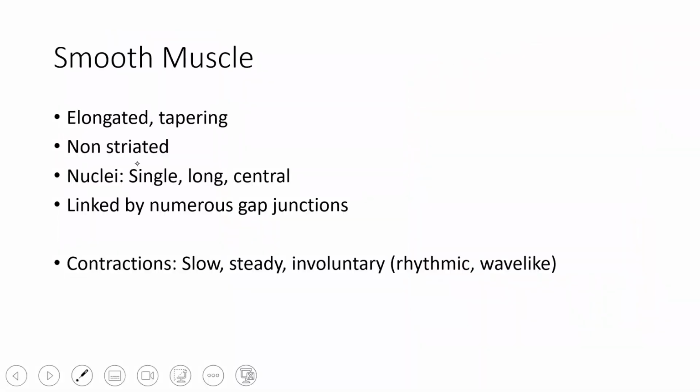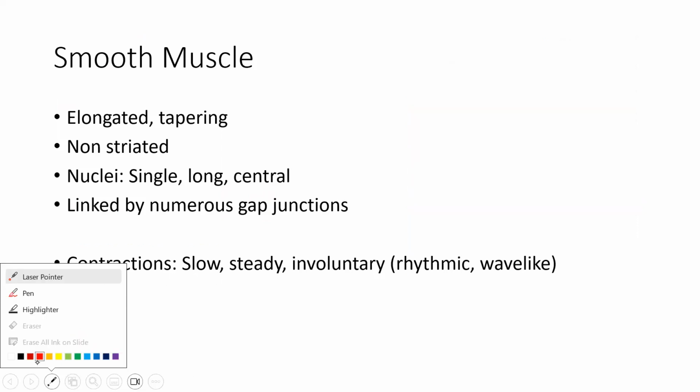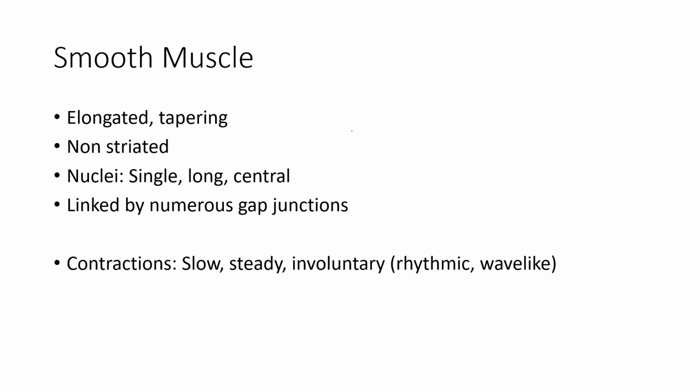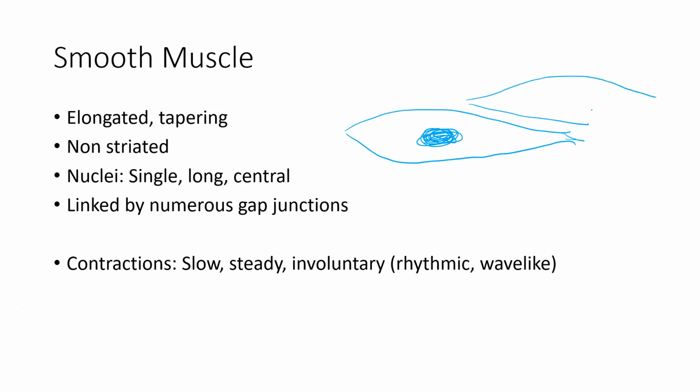Okay, so we come to the smooth muscles. Smooth muscles are a bit different. They are elongated and tapering like this. They don't have striations and their nuclei are single, long and found at the center. They are usually found in groups.